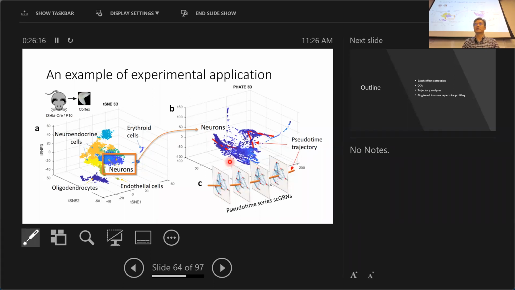Do you think it's better to first reanalyze the neural cells, and maybe we have different subpopulations? Yeah, maybe that's a good idea.